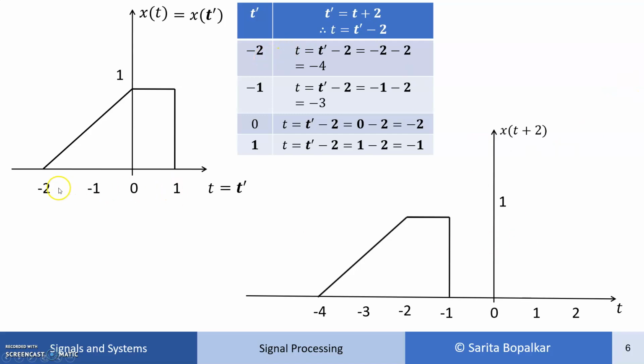See, t dash is equal to minus 2 gets shifted to t is equal to minus 4. T dash is equal to minus 1 gets shifted to t is equal to minus 3. Like this, t dash is equal to 1 gets shifted to t is equal to minus 1. The whole sequence gets shifted towards the left by 2 time units. In a time delay, the whole sequence gets shifted towards the right by 2 time units.